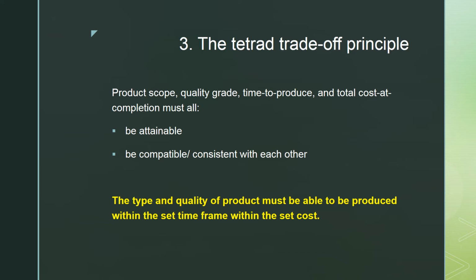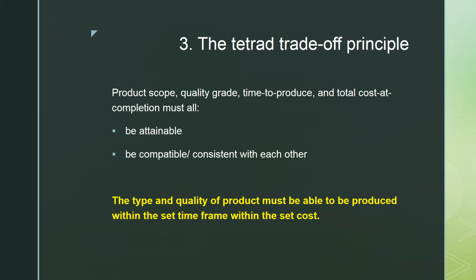And then we have another thing there, compatibility. The quality grade must be compatible with the time to produce. For example, to produce something at a certain quality will say takes 5 weeks and the time that you have set is 3 weeks, then there's incompatibility there.